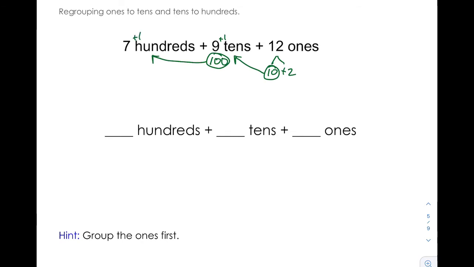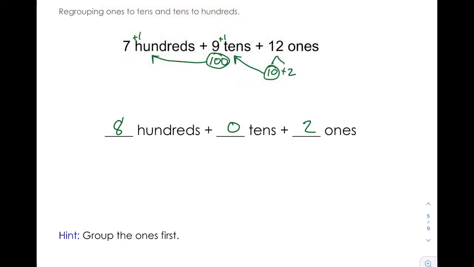It doesn't really matter which side you start with. Let's just start with the ones because that's always the better idea. 2 ones plus now we have 0 tens because all the tens got moved over. And then we have 8 hundreds. So we have 802.